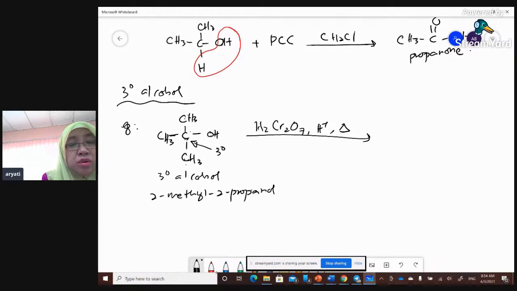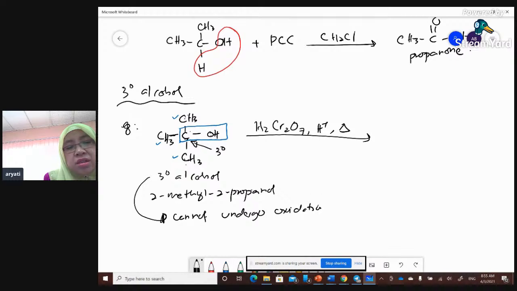So COH, karbon yang terikat dengan OH ni, dia tak ada satu atom hidrogen pun. Semuanya ialah karbon. So tertiary alcohol ni cannot undergo oxidation.